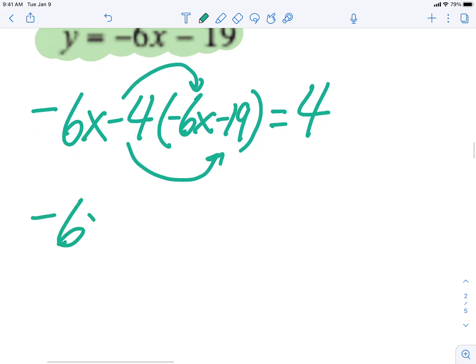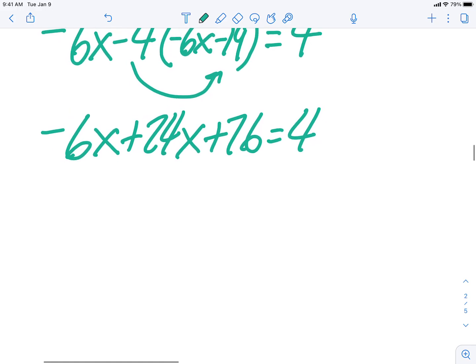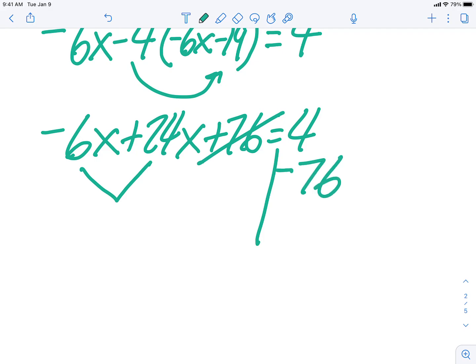So I get negative 6x. Negative 4 times negative 6 is positive 24x. Negative 4 times negative 19 is positive 76, is equal to 4. These two are like terms. This dude has got to come over here with the 76 because they're both regular numbers.